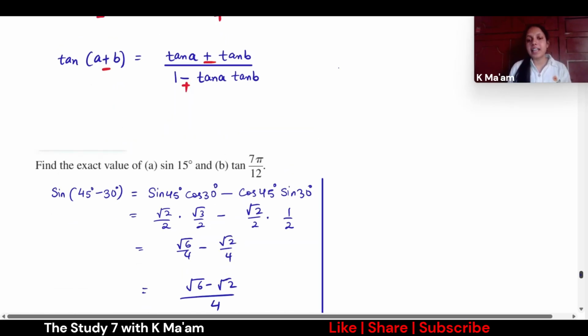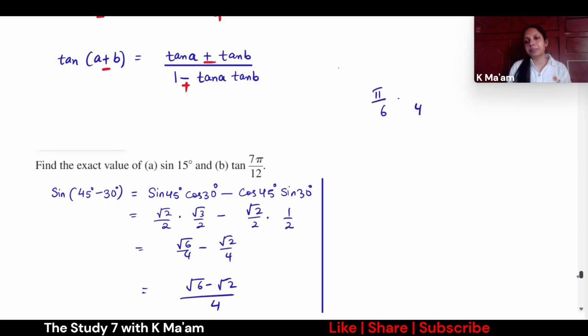Tan of 7 pi by 12. How to break 12? 12 can be created like 6 and 4. Pi by 6 plus pi by 4. Will it give you? 6, 4, the common denominator is 12. 6 twos are 12, 4 threes are 12.